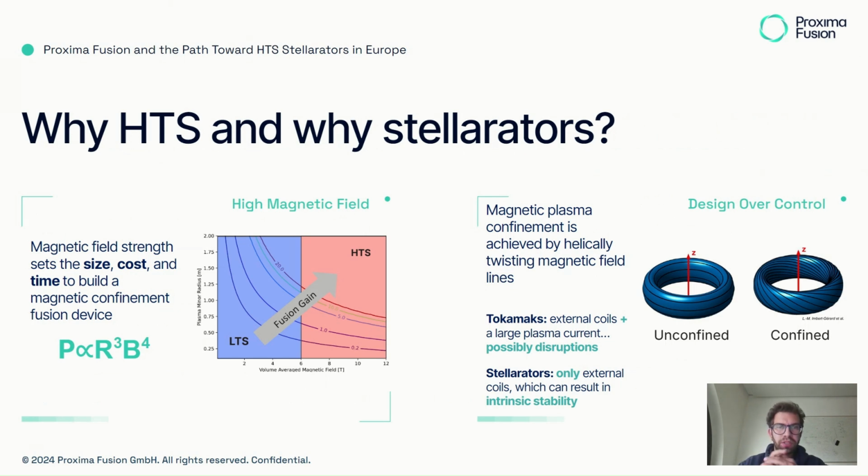Why stellarators? Because we prefer design over control. As many of you may know, magnetic plasma confinement is achieved by helically twisting the magnetic field lines, and tokamaks do this by using a combination of multiple coils and the solenoid.